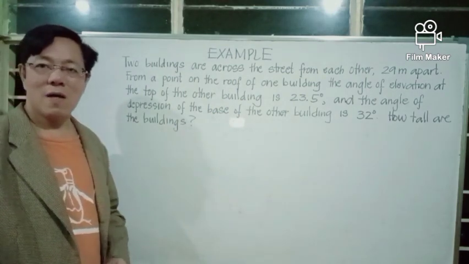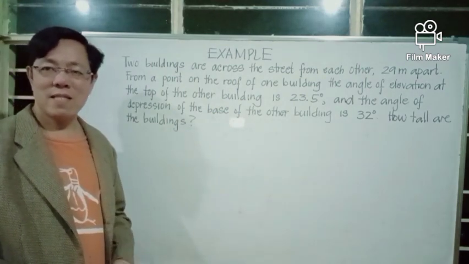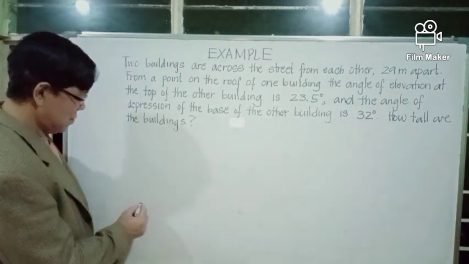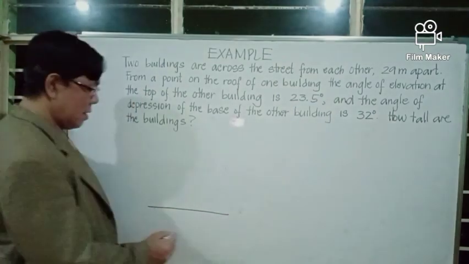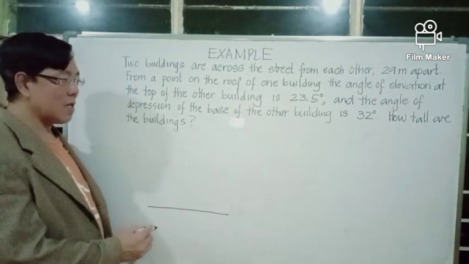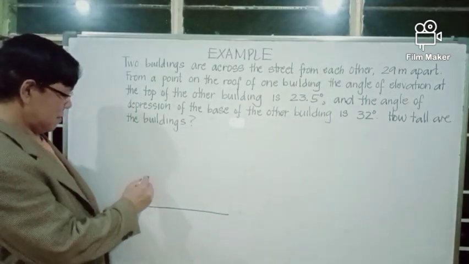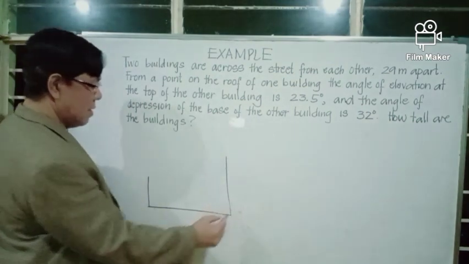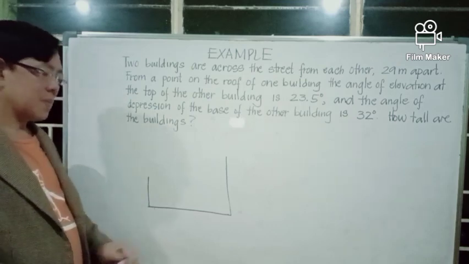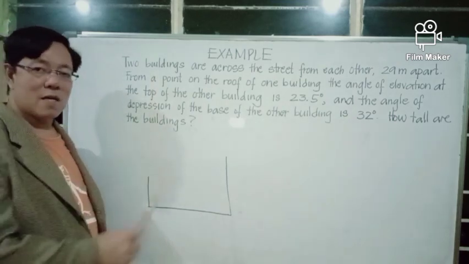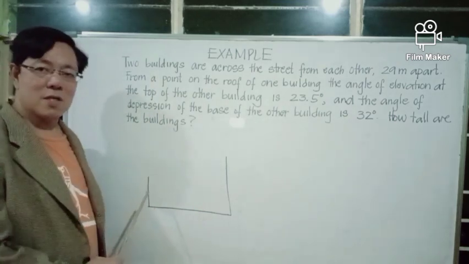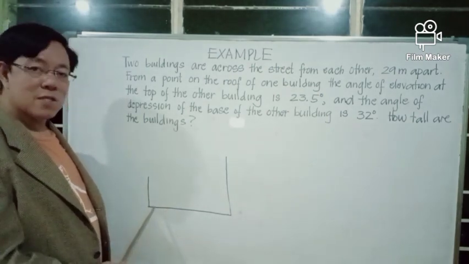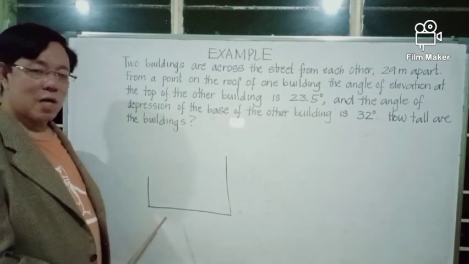The two buildings are definitely standing on a horizontal ground, and there are two buildings. The problem says that these two buildings are across the street from each other.